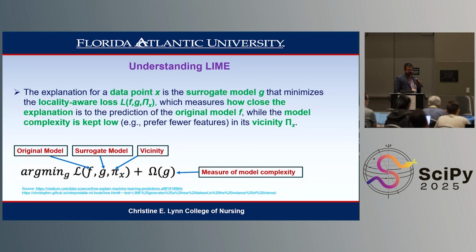So it can be defined by three different aspects. One is your original model, F. You're trying to explain the function output. And you are trying to use a surrogate model, which is the linear regression that you want to fit at the exact location.